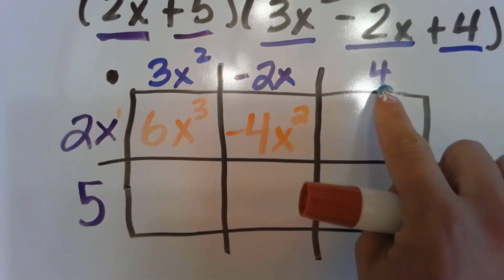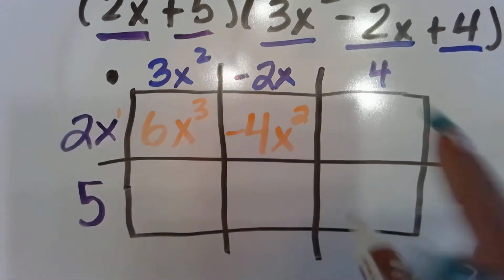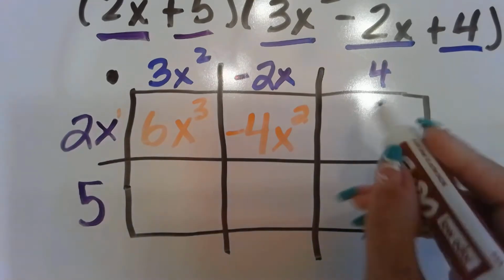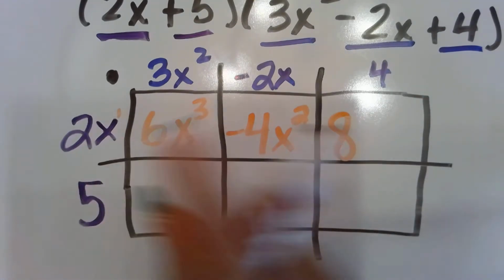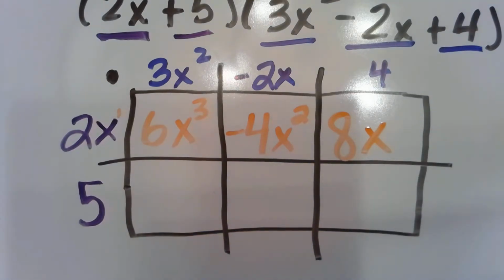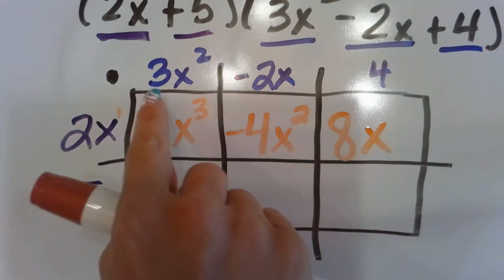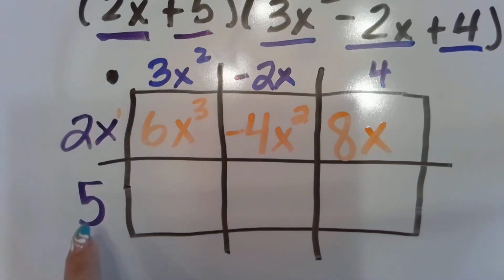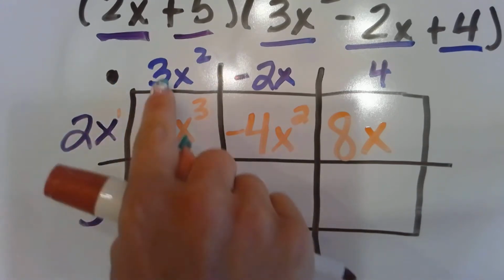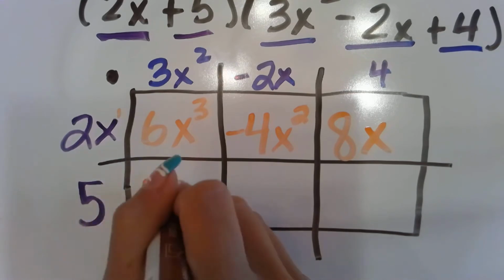For this one, we have 4 times 2x. So 4 times 2 is 8. And we have our 1x here, so we're going to put our x right there. Now looking here, we have 3x squared times 5, and we're going to put it here. So 3 times 5 is 15.